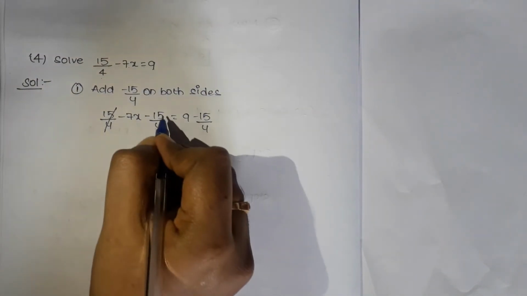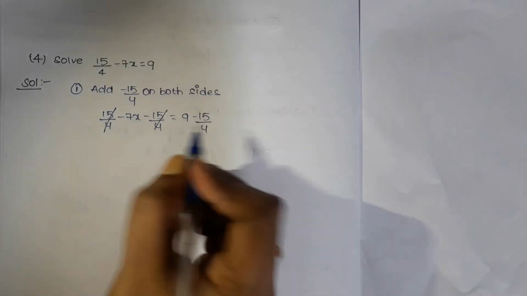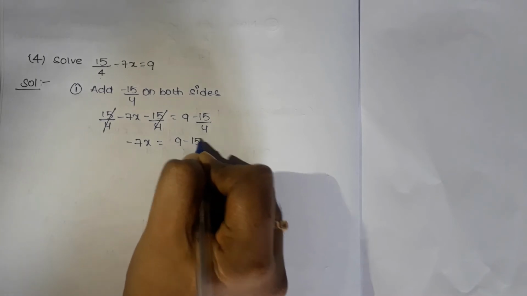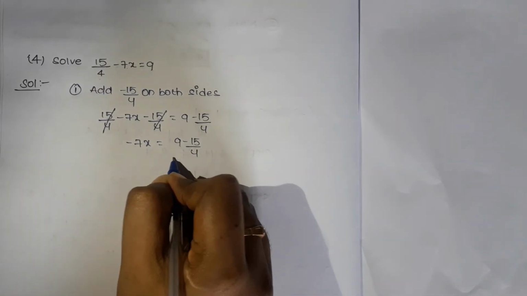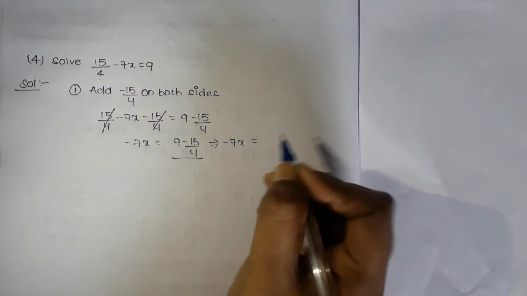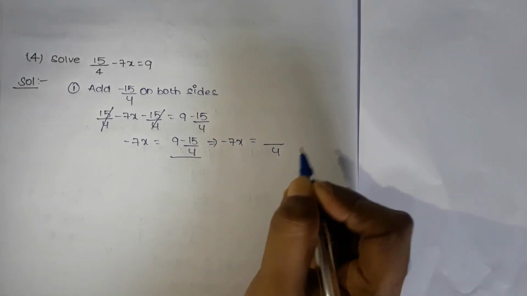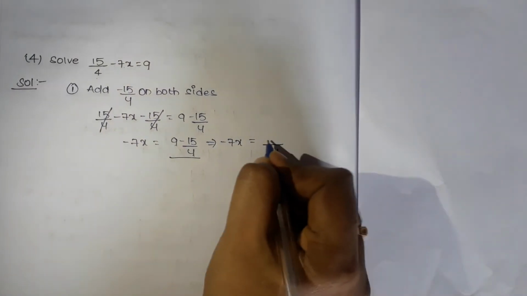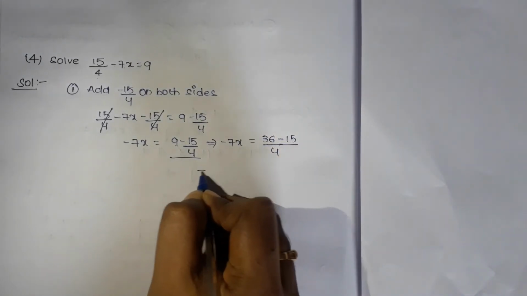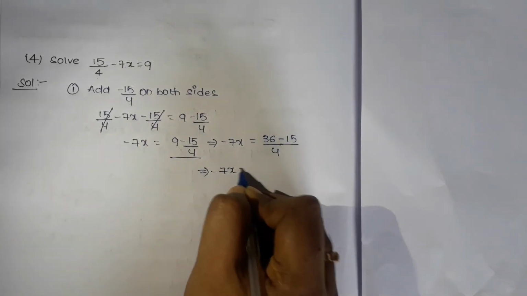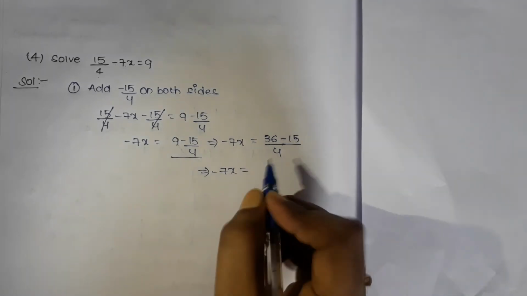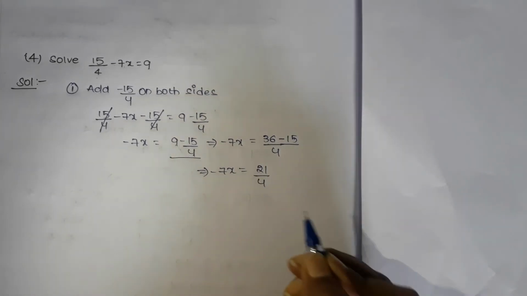Here this 15 by 4 and this 15 by 4 get cancelled. Now we will get minus 7x equals 9 minus 15 by 4. Now first we have to solve this. That implies minus 7x equals, 4 is the LCM, and 9 fours are 36 minus 15 by 4, that is minus 7x equals 36 minus 15 equals 21 by 4.